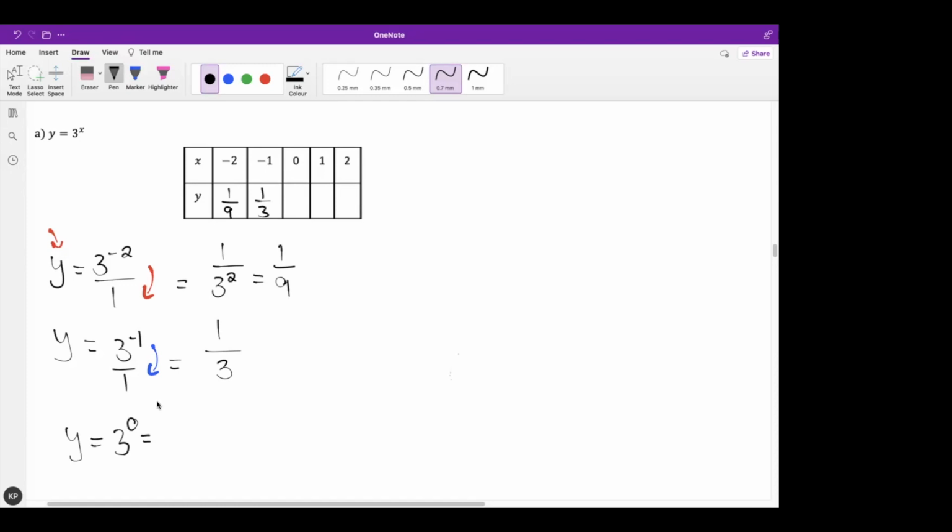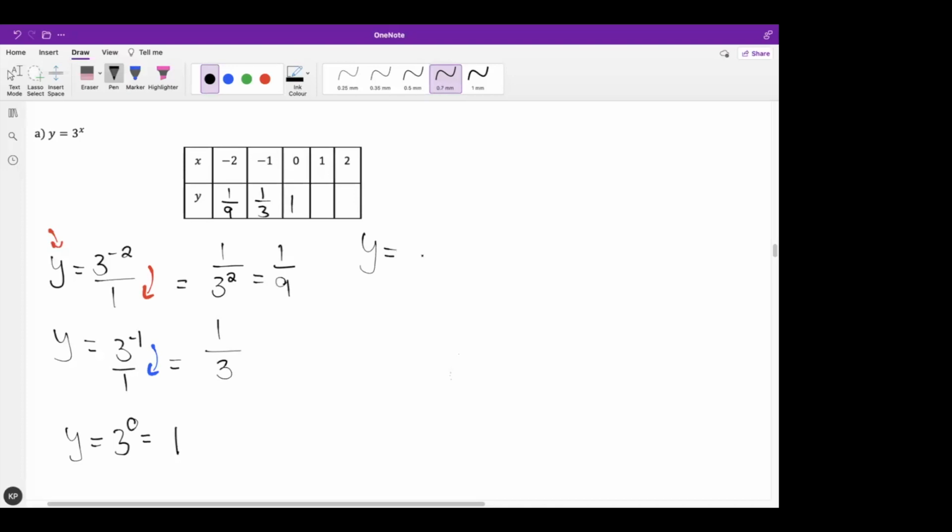Okay, there's suddenly a lot of noise on this side. You guys can probably hear it. Give me a second to move. Let's continue. So that is indeed 1. Anything to the power of 0 is equal to 1. Let's move on to the next one.